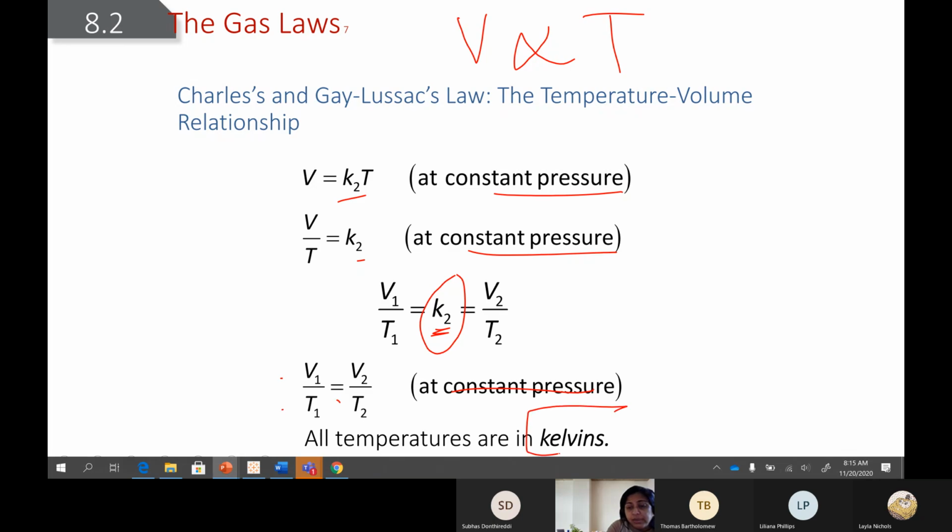And all these temperatures should be given in Kelvin. You cannot apply these temperatures in degrees Celsius. You need to plug all these temperatures in Kelvins. V1 over T1 equals V2 over T2.